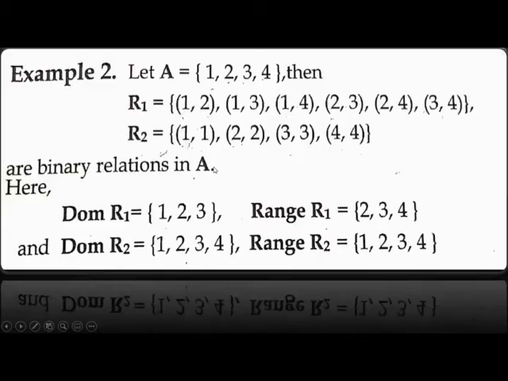The range of R1 is the second elements or second components of all the ordered pairs. So it is 2, 3, 4, 3, 4, 4. So you can write 2, 3, 4 all together because we can't repeat an element in a set. Then the domain of relation 2 are the first elements. The first elements are 1, 2, 3 and 4. And the range of relation 2 would be 1, 2, 3 and 4.